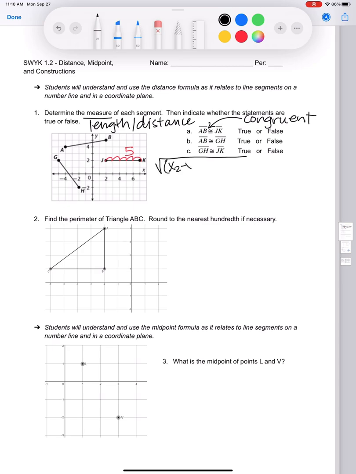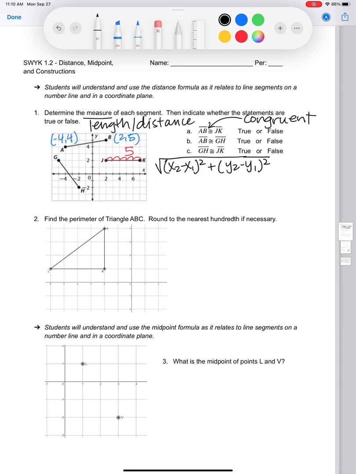I can then use the distance formula, which is the square root of x2 minus x1 squared plus y2 minus y1 squared. And to use the formula, I am going to want to have two ordered pairs, which are, if I'm finding the length of AB, negative 4, 4, and 2, 5.